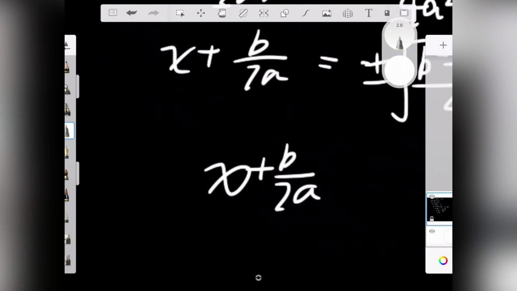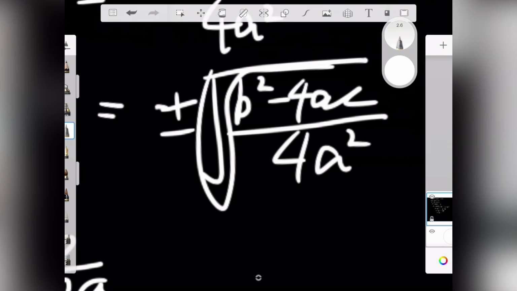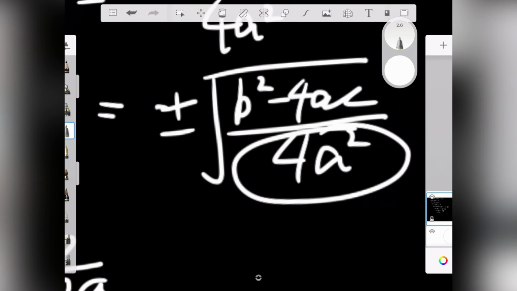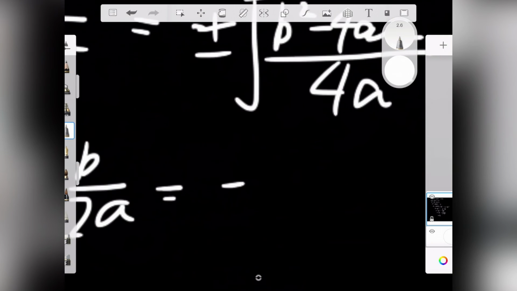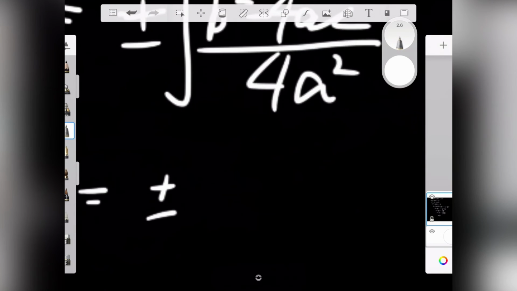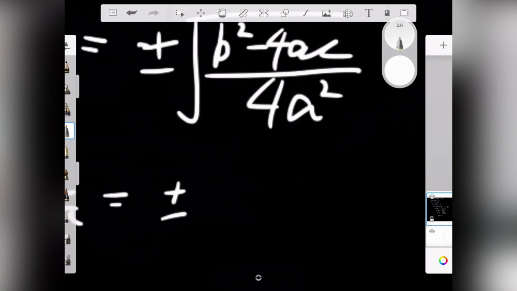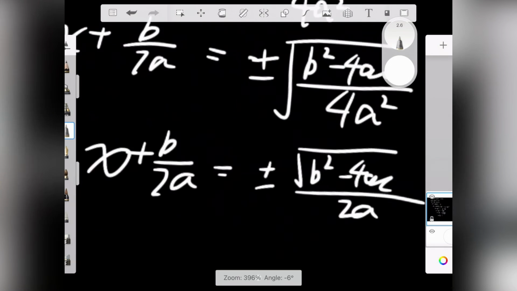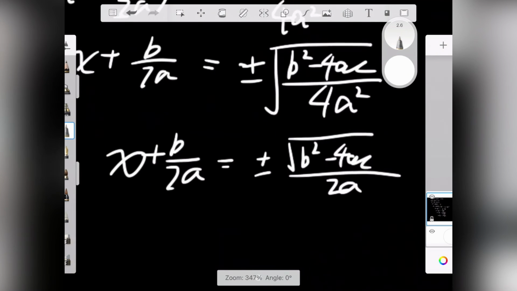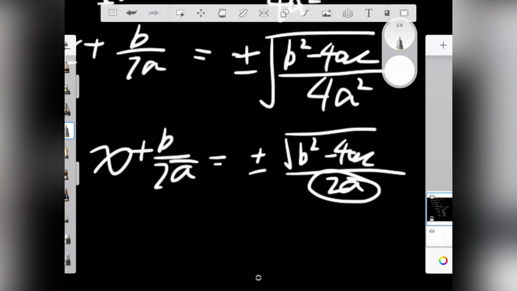Now this expression can be simplified, which equals plus minus the root of b squared minus 4ac, divided by 2a. Now both sides have it like this, right?